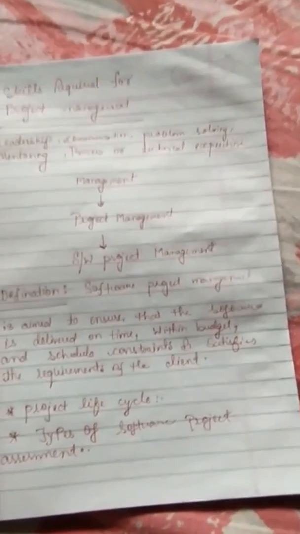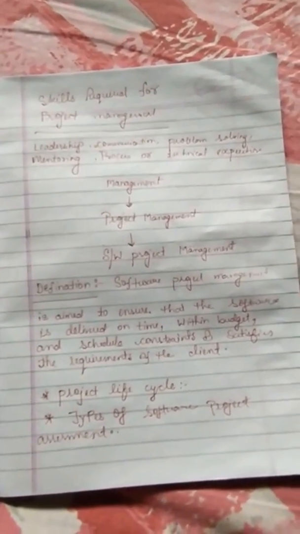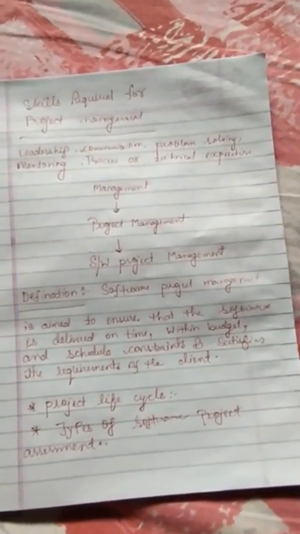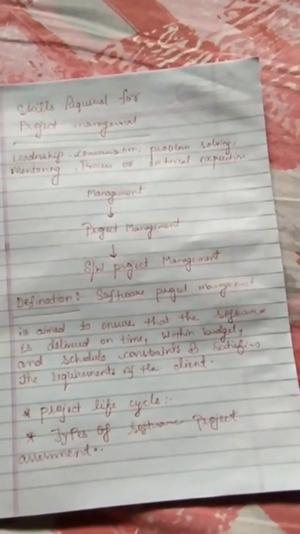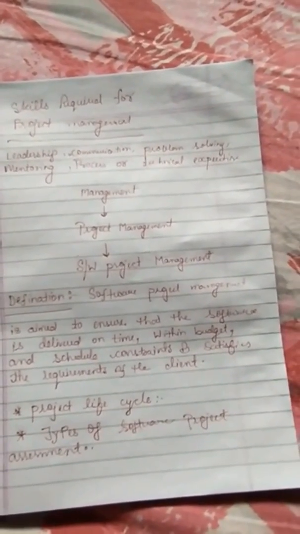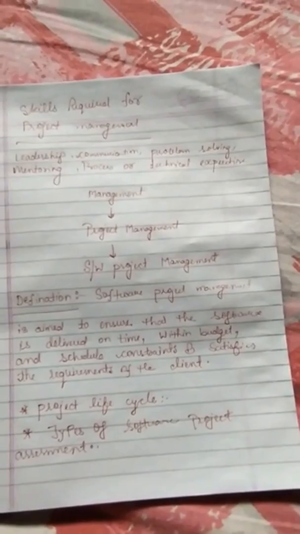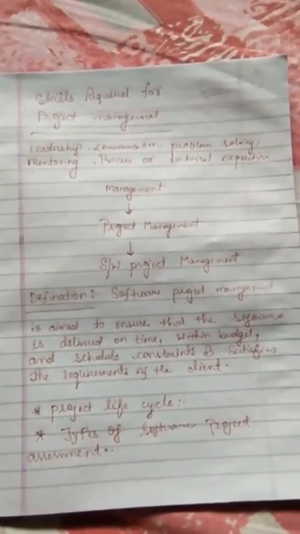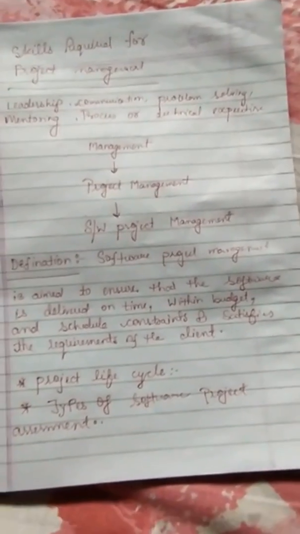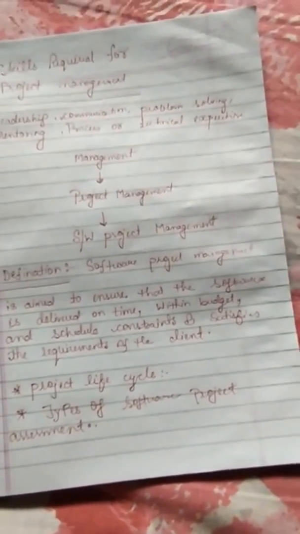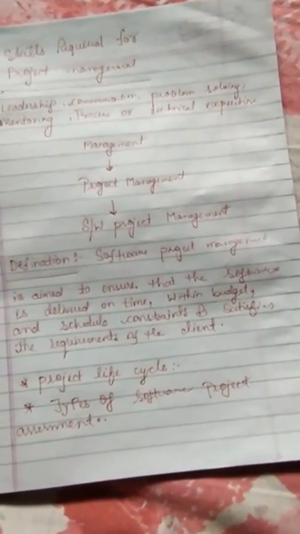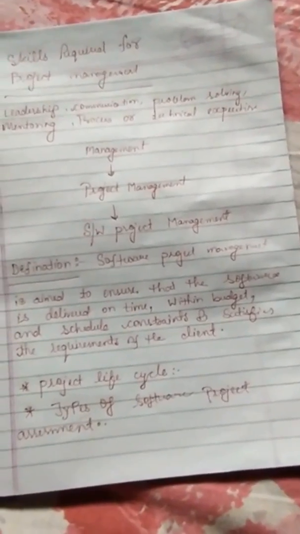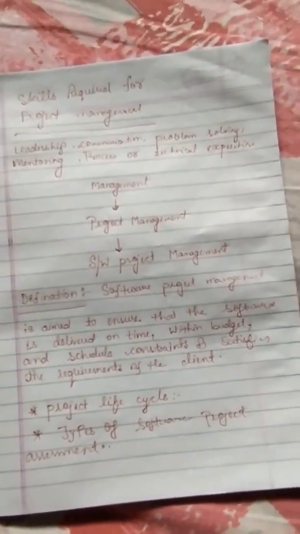There are a number of software project managements in our software industry, so the person should be an expert in the particular domain. He should have proper knowledge of programming languages, software engineering techniques, software project management essentials, and the domain in which the project is working.